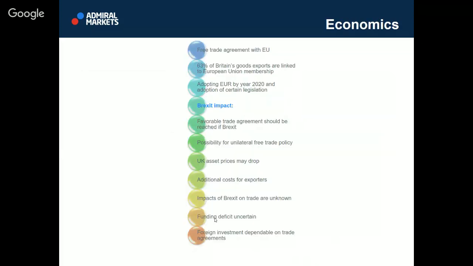Why did I say a funding deficit is uncertain? Because, guys, I doubt there will be a funding deficit. Currently, the UK pays far more than what they get back. It's like 55 million per day, of which only a third is returned to the UK. And that also has conditions attached telling the UK where they need to spend it.